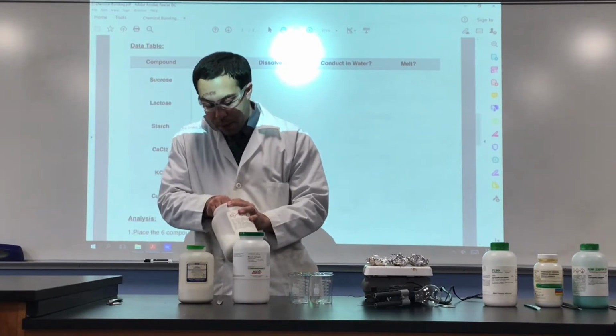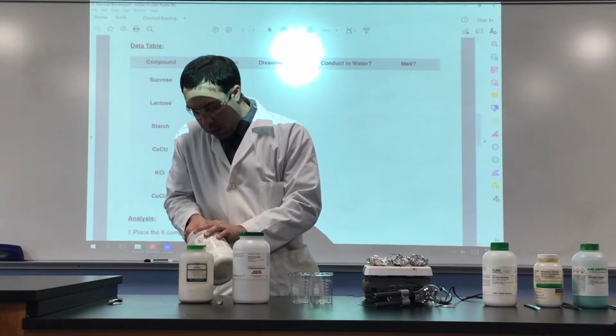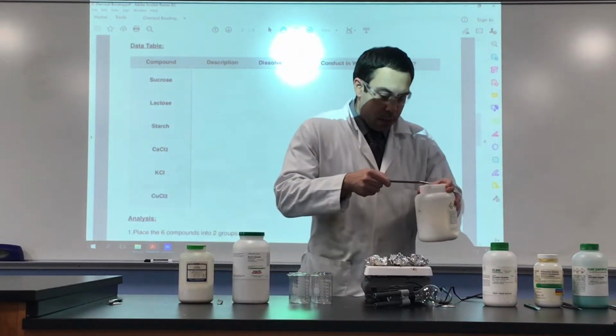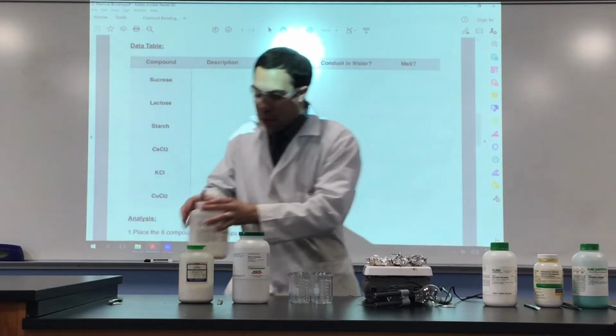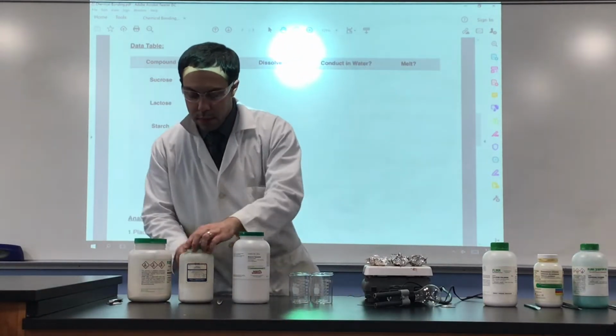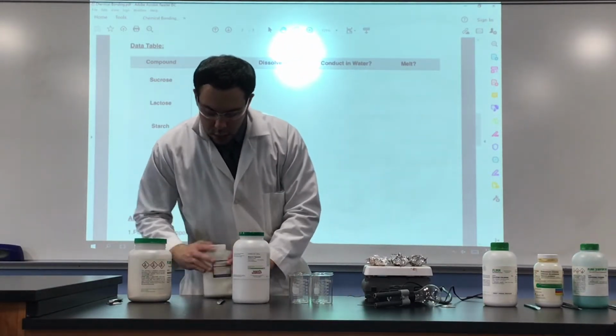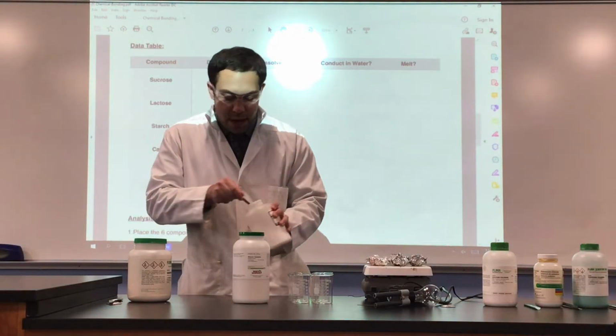Sucrose first. One scoop of sucrose. Lactose second, 1 scoop of lactose.